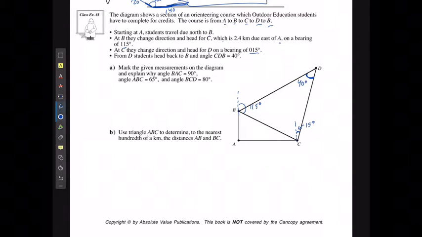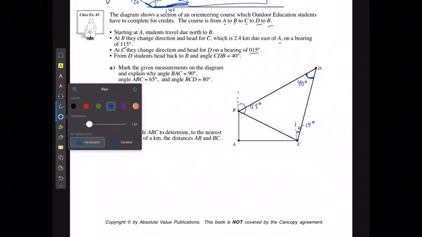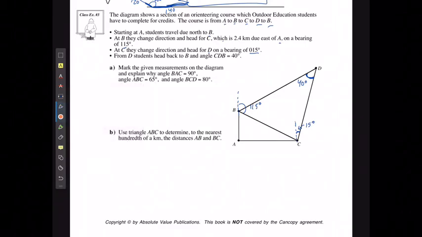Now, at this point, there is some other information that I can pull out of here. So at this point, I know that from A to B is straight up and down, so if I use my straight line rules from before, I can say that this angle in here is going to wind up being 65 degrees because they have to add up to 180.